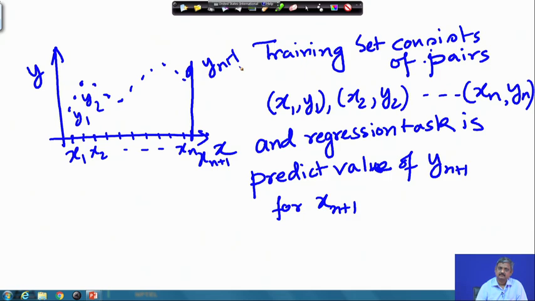That you have to predict. Maybe you extend the curve like this and see what value it takes.